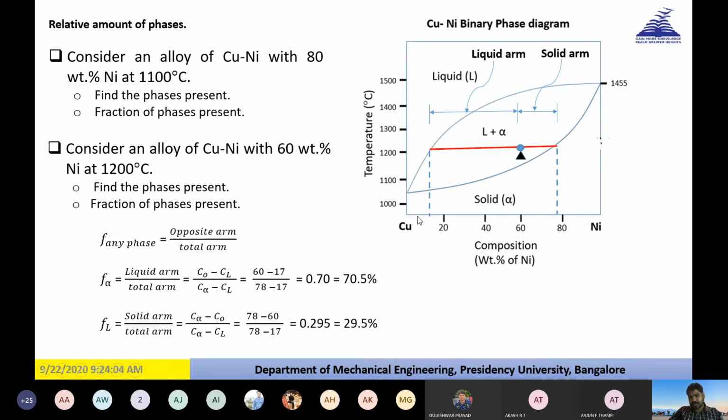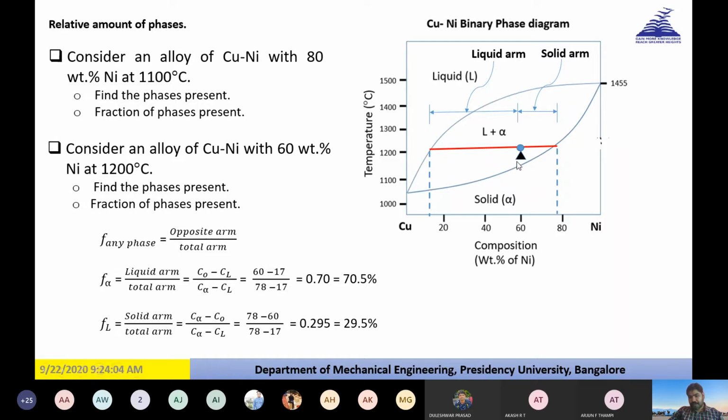So this is Cl. This will give you the liquid arm from this distance. Now for the solid arm, you take from here to here, that is C alpha, minus from here to here, that is C naught. So C alpha minus C naught will give you the solid arm.